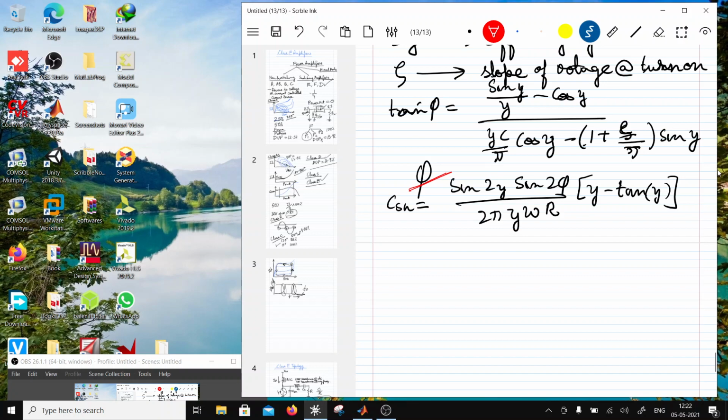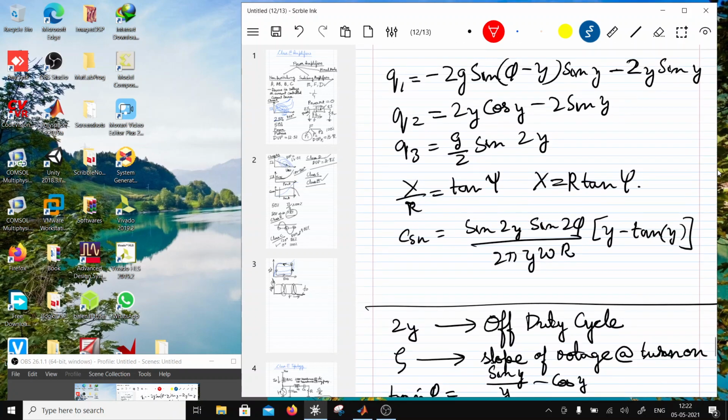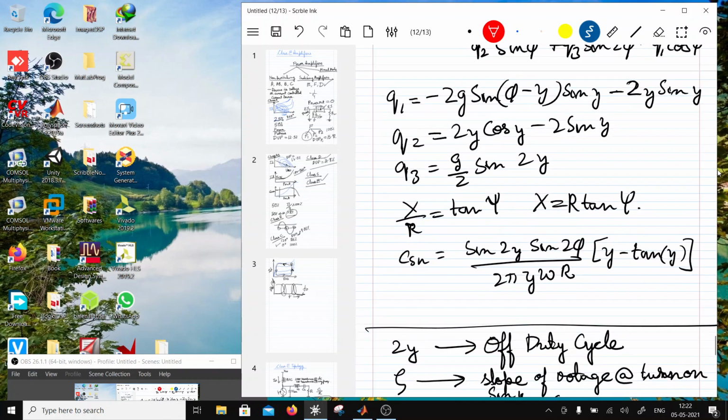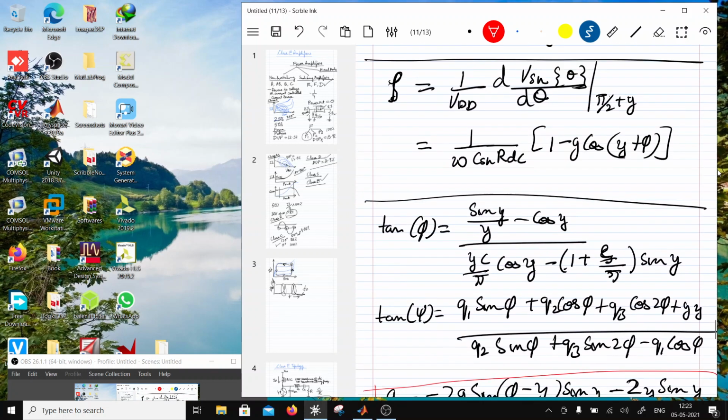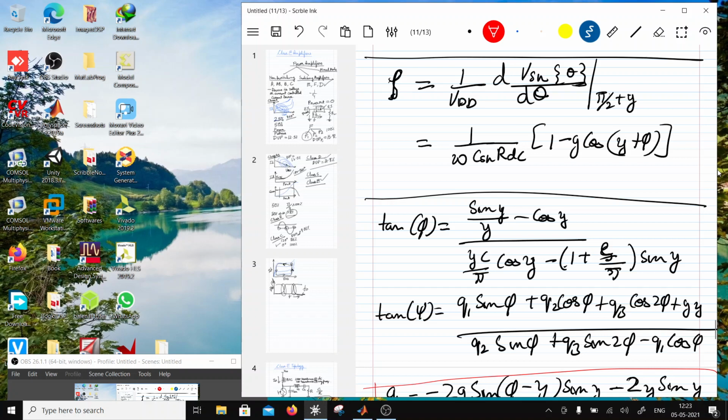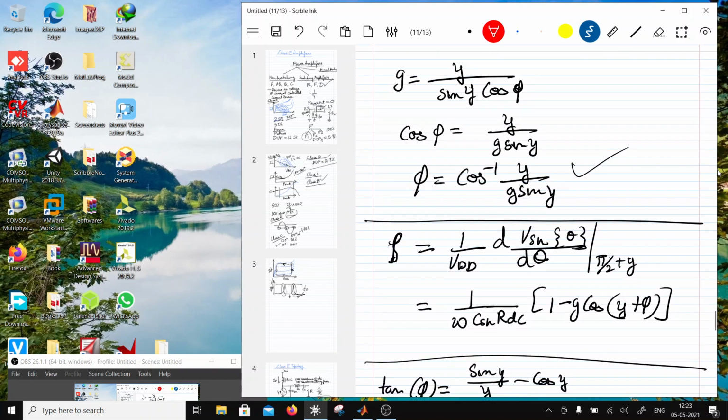Once you have phi, you can find out these, because you have phi and y and g. So g would come from here. You'll find out g first, and g is over here.